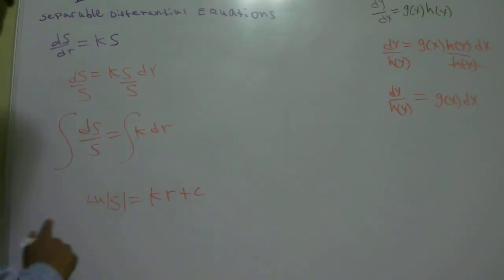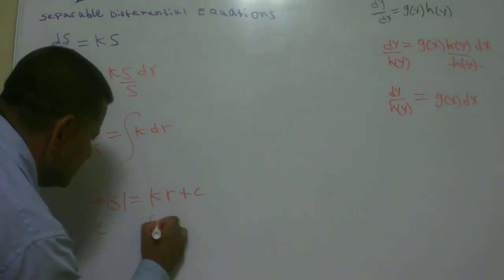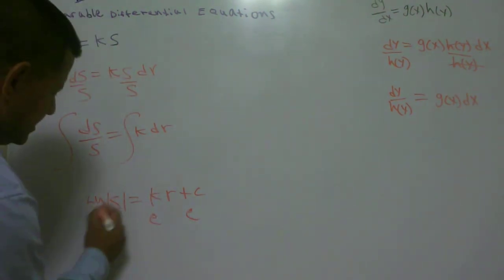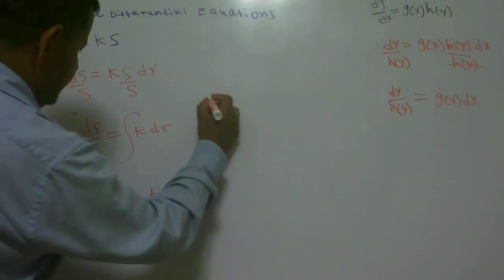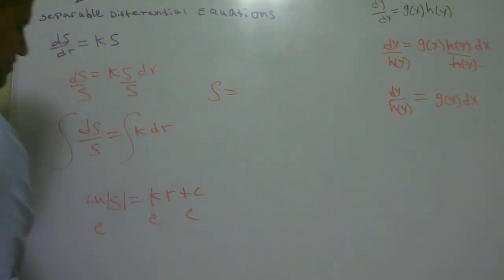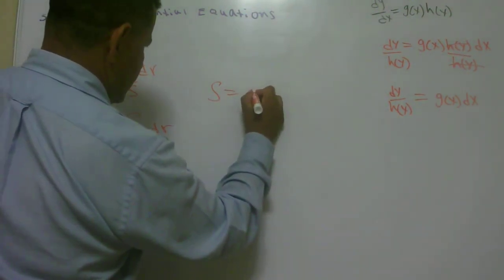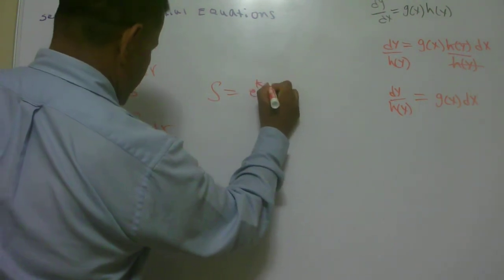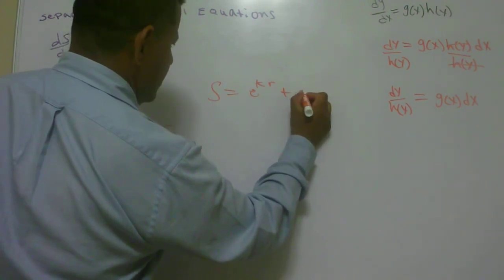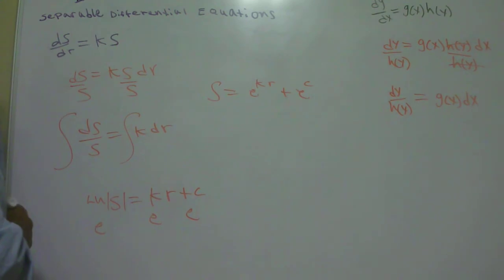In order to get rid of this ln, I have to take e on both sides. When I take e on both sides, this becomes s equal to e to the kr plus e to the c.